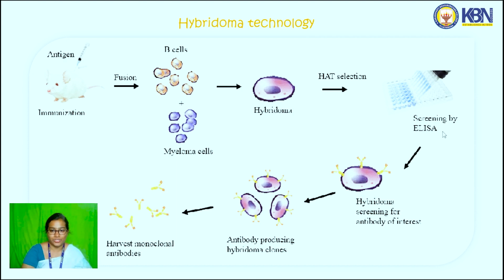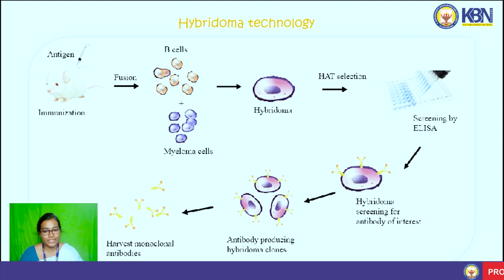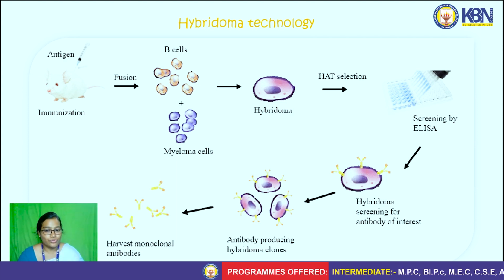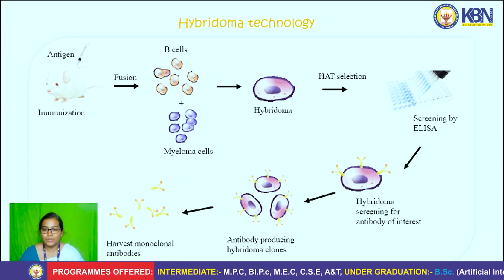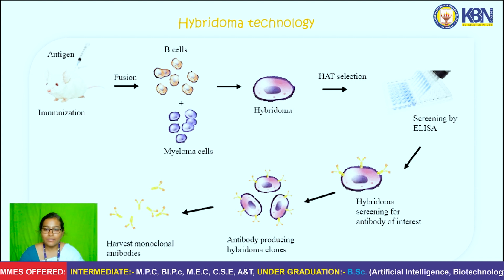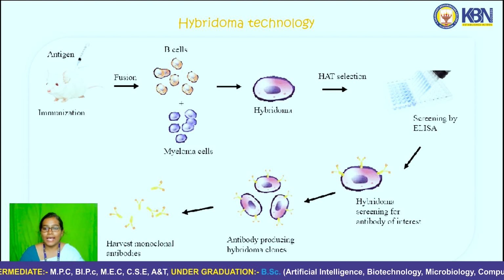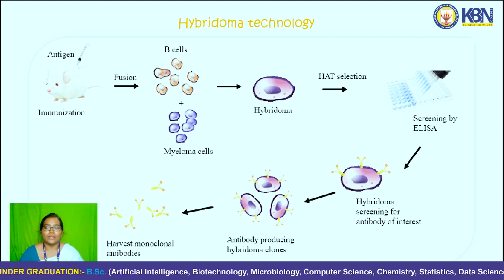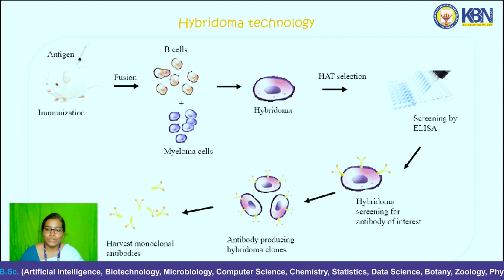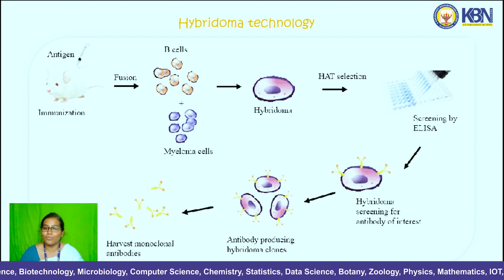After the first selection, that is growing hybridomas in HAT medium, we will take those hybridomas which are cultured properly, and we will send them for screening. Whether they are producing proper antibodies or not, that should be checked, right? So in the screening step, we will allow the hybridomas to interact with the antigens. And when the hybridoma interacts with antigen, it will try to release antibodies.